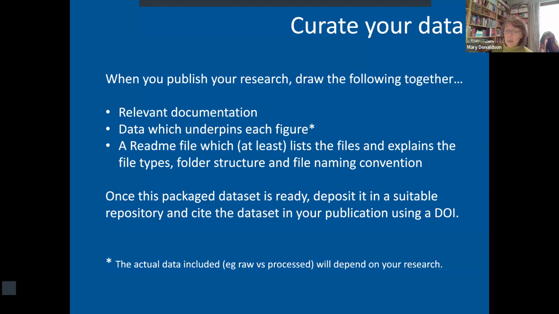As I said, it's easier to have a README file in each folder, but you should have one at the top level with an overview of the project. Once you've got this packaged data set ready, you can deposit it in a suitable repository and cite the data set in a publication or however.